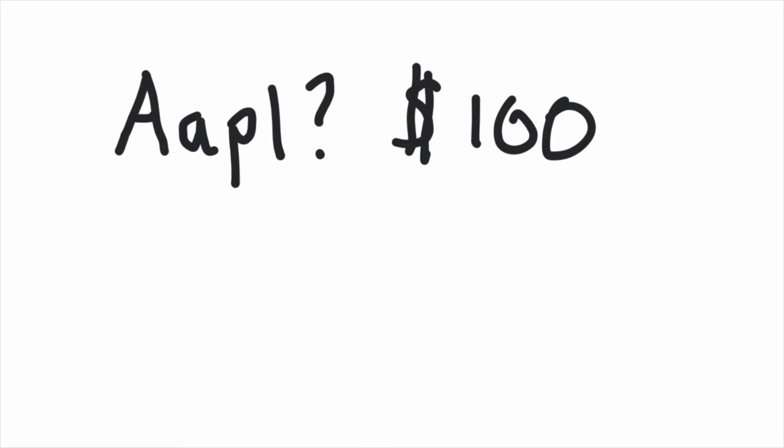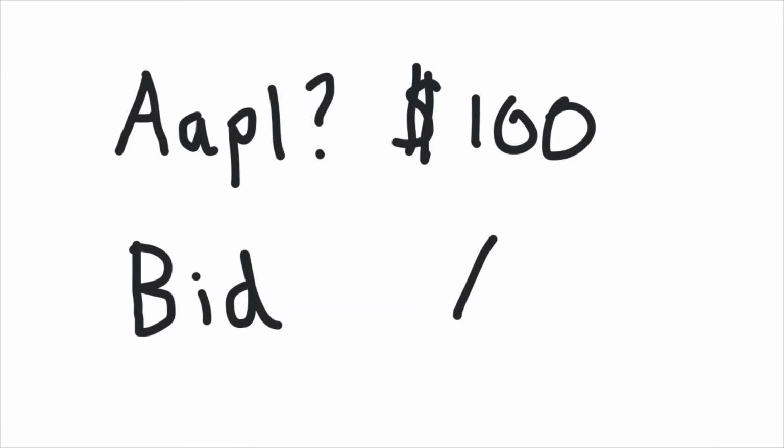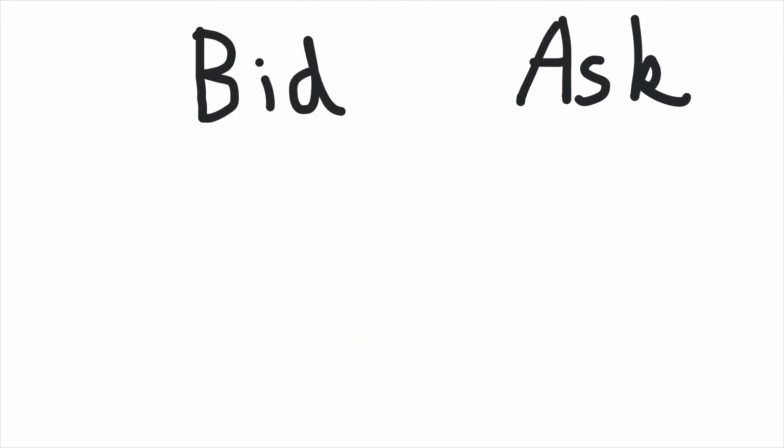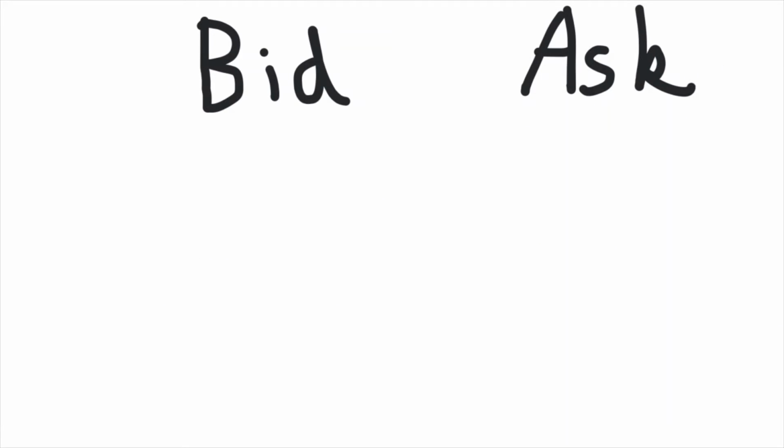But we can kind of use what we call the bid and the ask in order to determine approximately what you will pay. And so the bid and the ask, they are used in order to identify the highest price someone's willing to pay to buy, which is the bid, and the lowest price someone's willing to sell their shares for, which is the ask. So the lowest price someone's willing to accept.